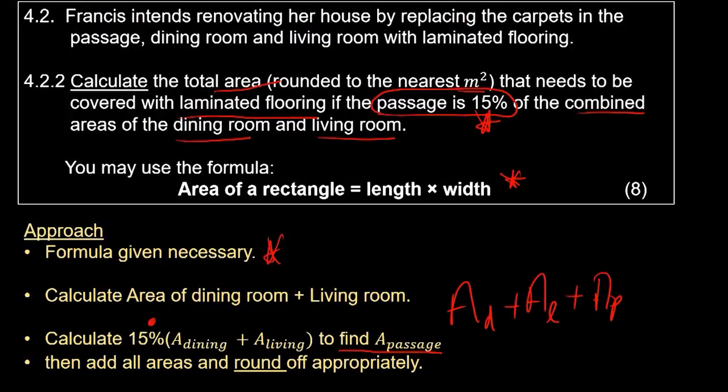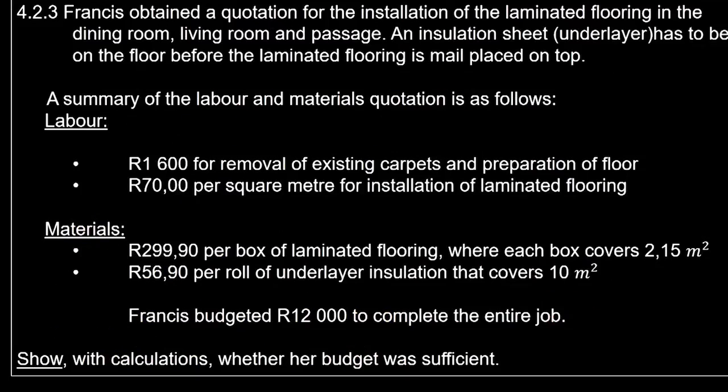This is 8 marks, level 3, a multiple step question. The next question, they can ask you this type. They say, Frances obtained a quotation for the installation of laminated flooring in the dining room, living room, and passage.